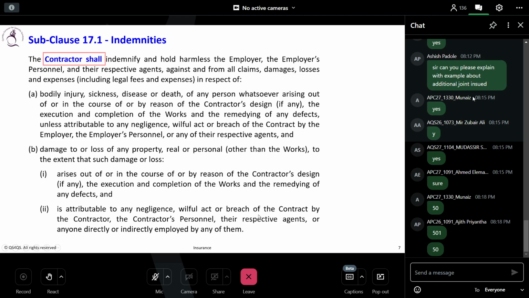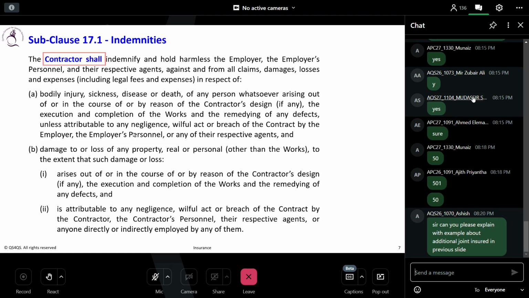Now look, this says you have to be careful with the employer personnel. So 17.1 is something we have to note down.